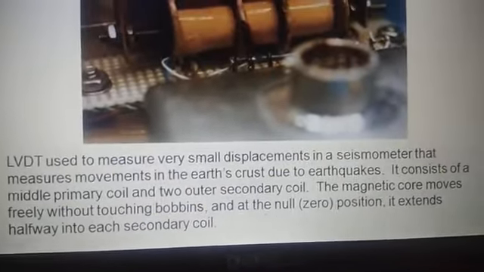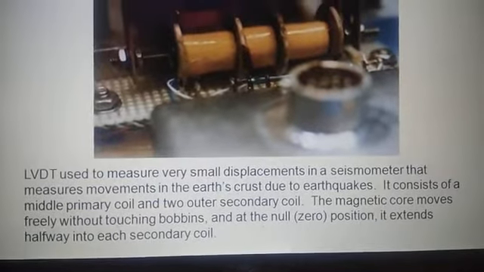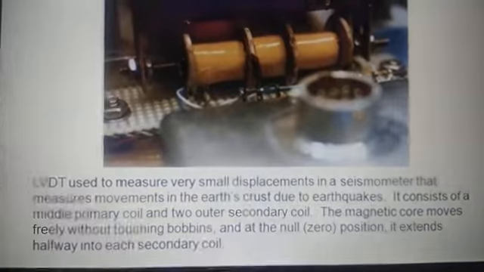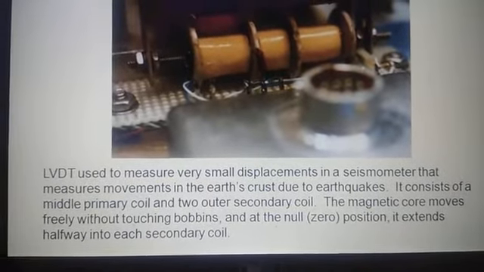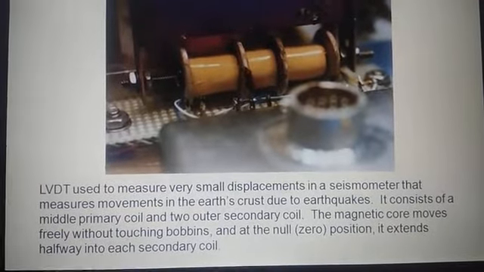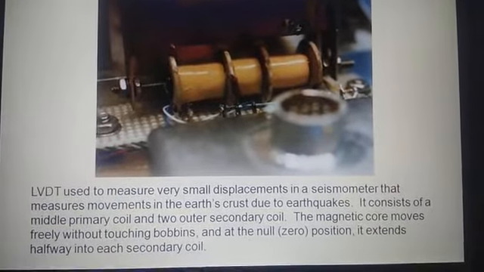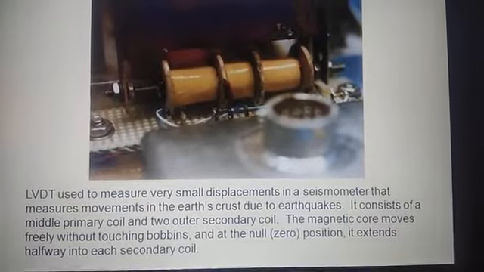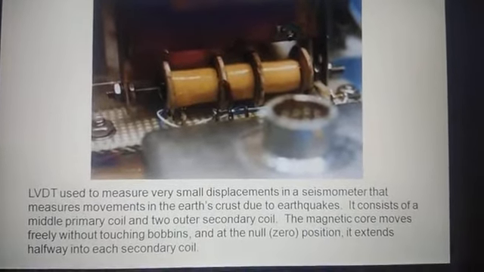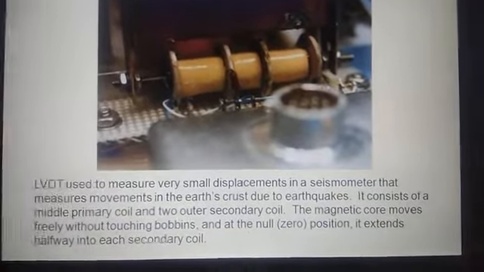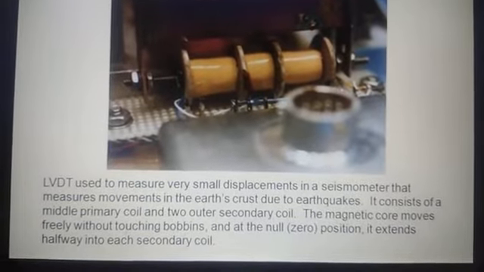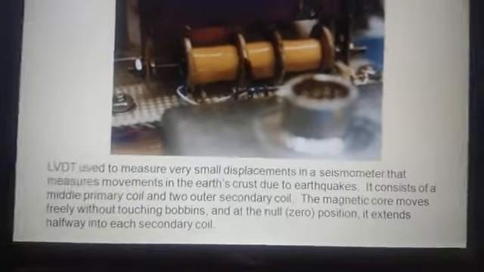LVDT is used to measure very small displacement in a seismometer that measures movements in the earth's crust due to earthquakes. It consists of a middle primary coil and 2 outer coils, that is, secondary coils.